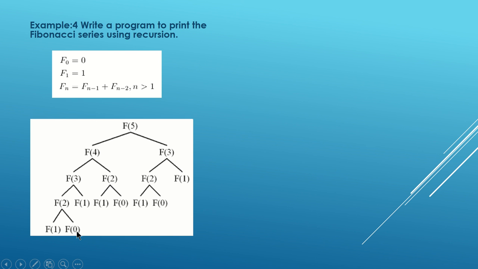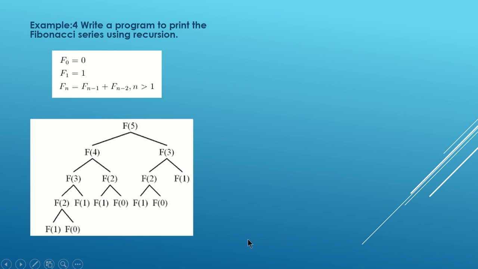It is f of 1 and f of 0. What is the value of f of 0? 0, and f of 1 is 1. So this is how you are going to do the recursion in Fibonacci. The same applies here: f of 2 is f of 1 plus f of 0. So this is where your Fibonacci series stops, right?